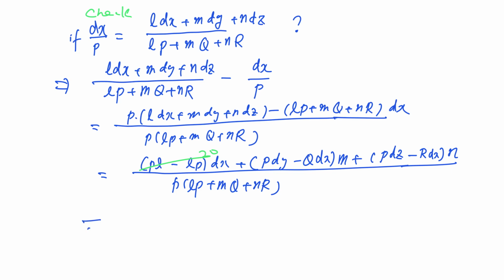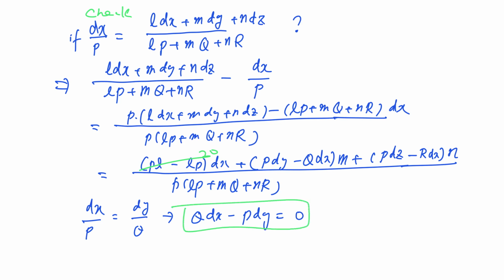From dx over P is dy over Q, we have Q dx minus P dy is equal to 0, right? This makes this term 0. And dx over P is dz over R, so R dx minus P dz is 0, right?